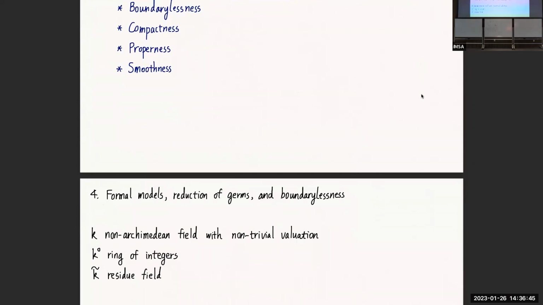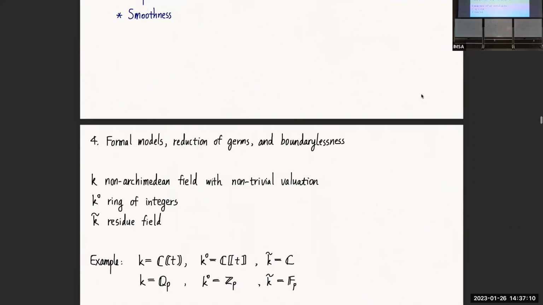We have our non-Archimedean field K. Let's assume it has non-trivial valuation. Yang gave the remark that whether we have trivial or non-trivial valuation doesn't really matter, since we are free to take any field extension. So let's just assume non-trivial valuation. Then we have K°, the ring of integers, and K~, the residue field.